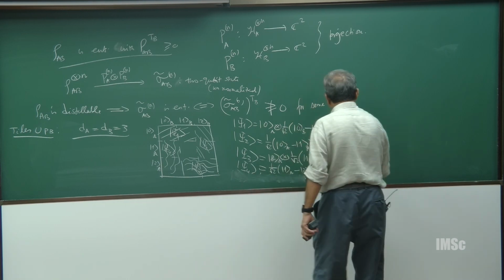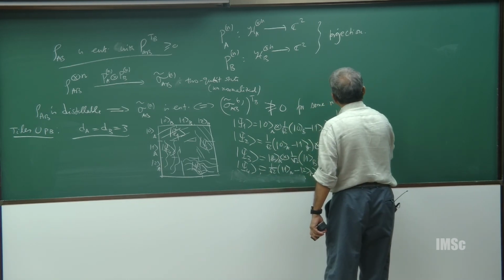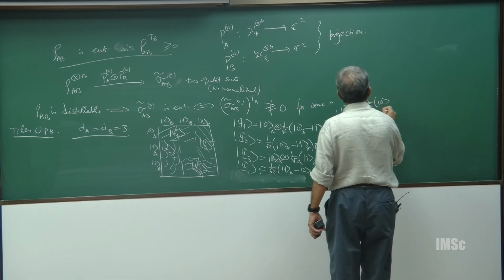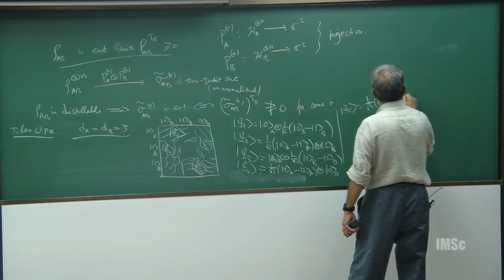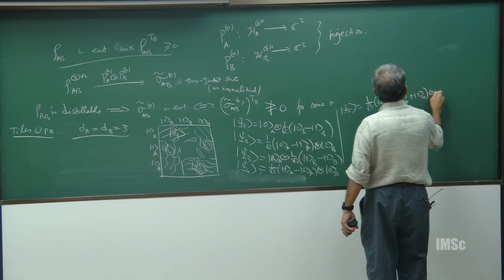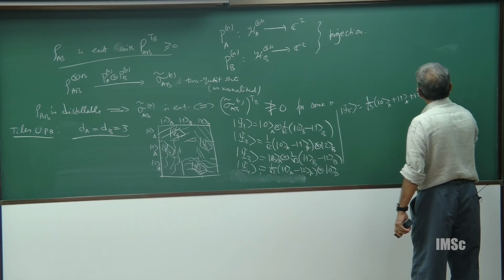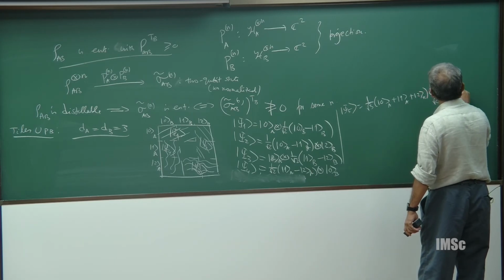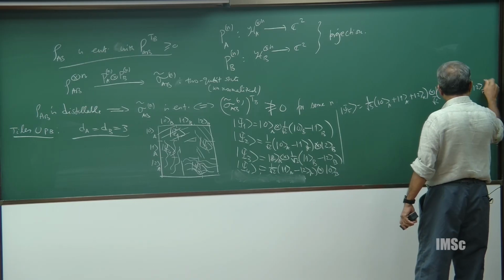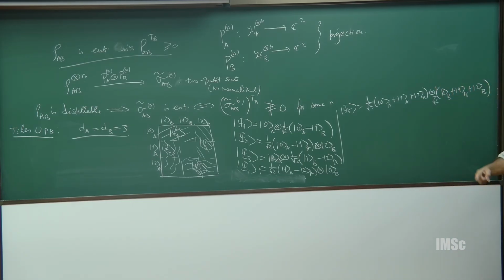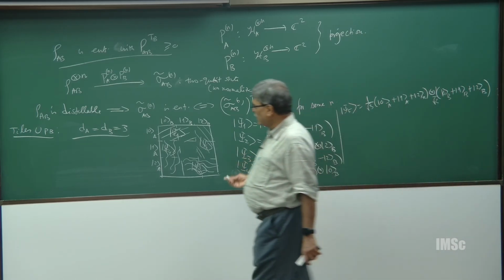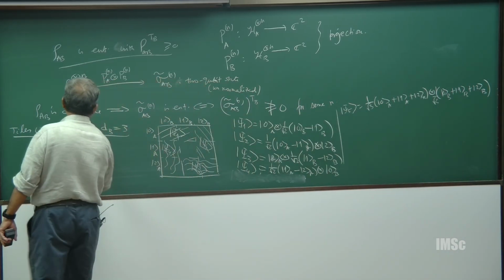So, psi 5 is equal to 1 upon root 3 (|0⟩_A + |1⟩_A + |2⟩_A) tensor product 1 upon root 3 (|0⟩_B + |1⟩_B + |2⟩_B). Okay.